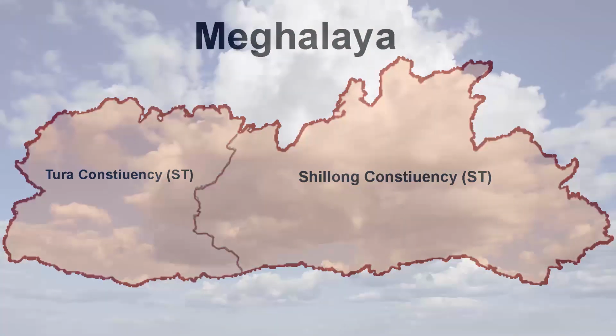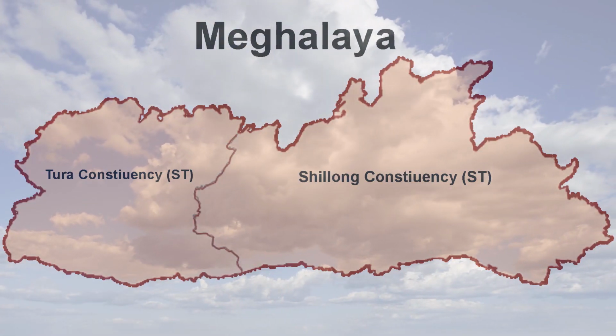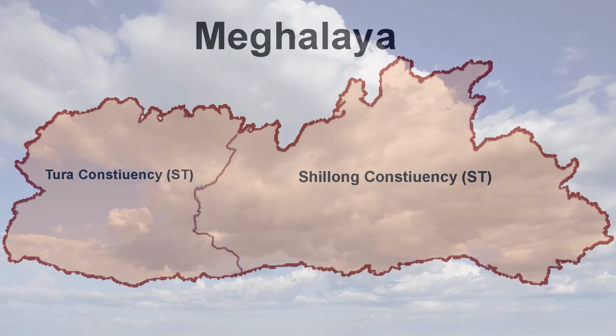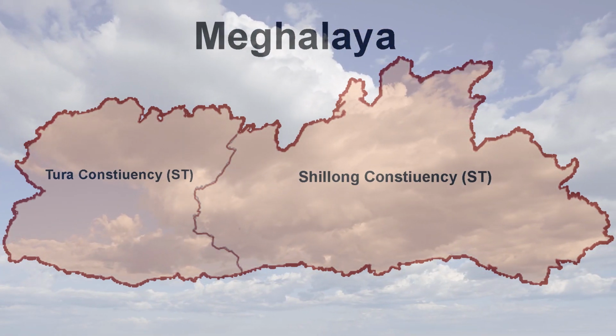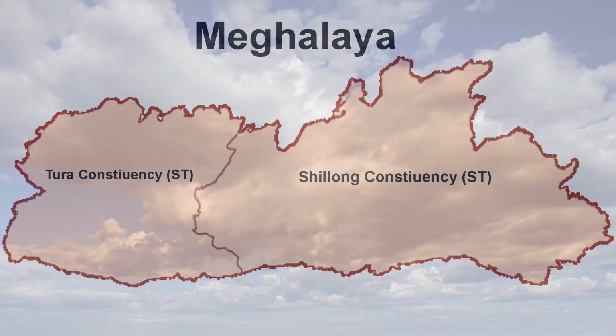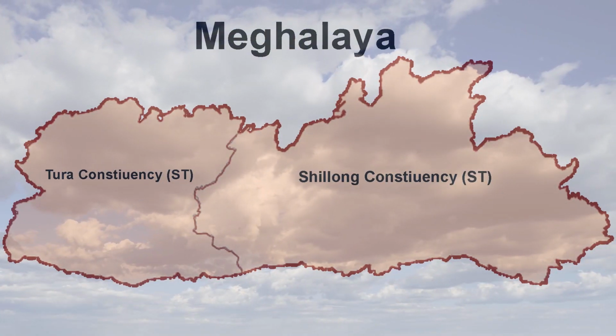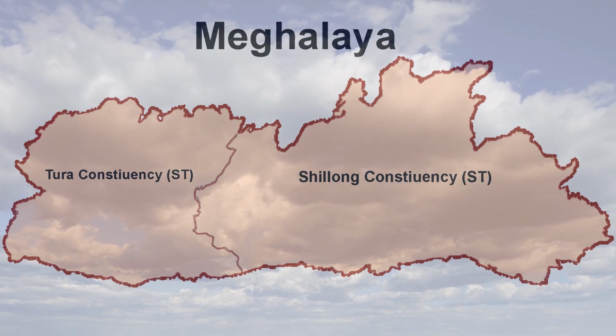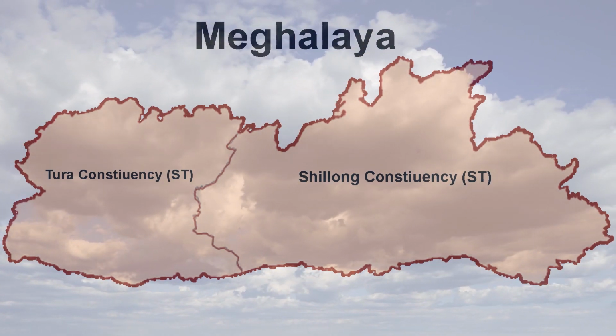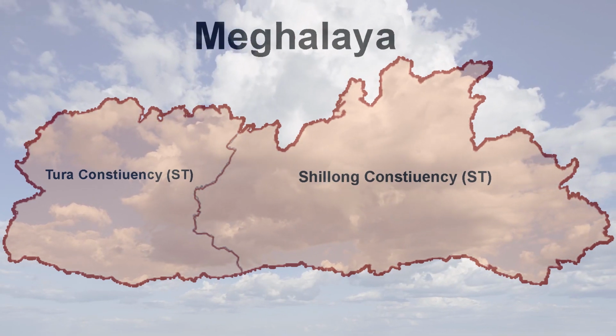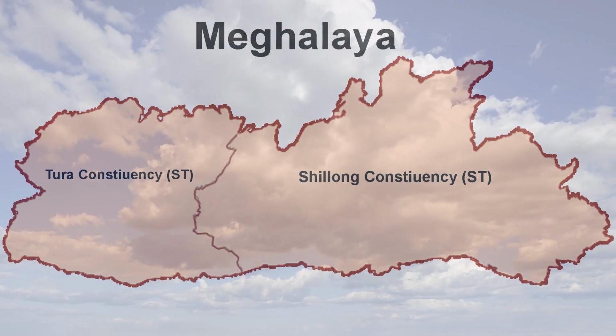In the same way, each state is divided into a number of assembly constituencies. Voters of each assembly constituency elect a representative known as Member of Legislative Assembly or MLA. Each parliamentary constituency has within it several assembly constituencies.